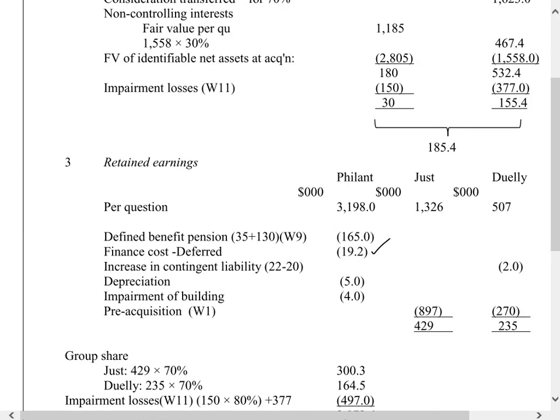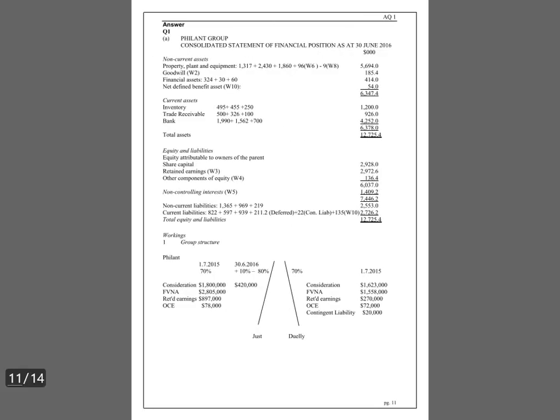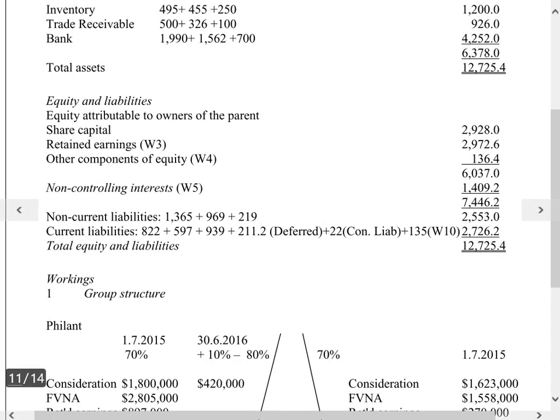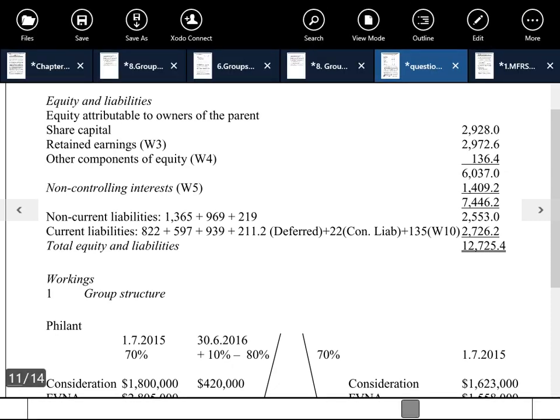Liability 212 will affect my consolidation. I already put there 212 and gave it a name, deferred, so it's easier for you to refer. After the unwinding. Okay? Continue.